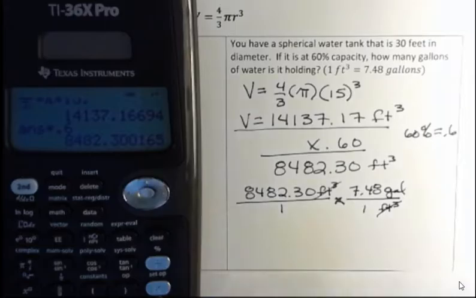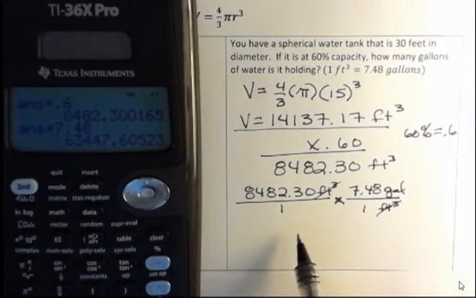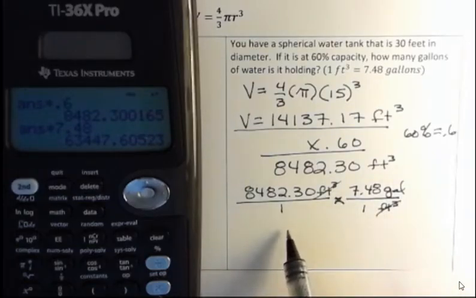And if I just take and multiply my answer that I had here times 7.48, which would be given to you, you don't have to know that in your head. But a lot of people do kind of know that a cubic foot of water is about 7.5 gallons. I don't know how often you would use that, but some people do know it.